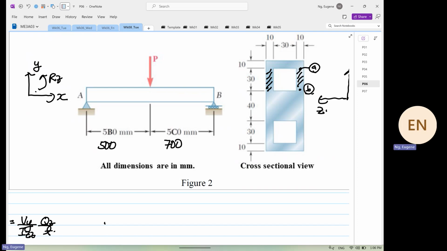How about at the web section, at point B? What is the thickness? 1. So we don't know, right? We don't know until we calculate which one has the bigger ratio. Is it at the cross section or is it at point B? Point B. Are we clear?